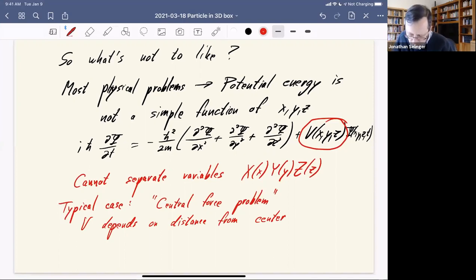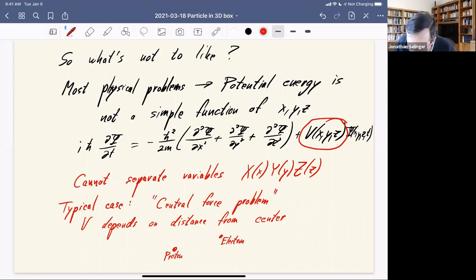Okay. So you might say, for example, you have a proton at the origin. And you have an electron out here.